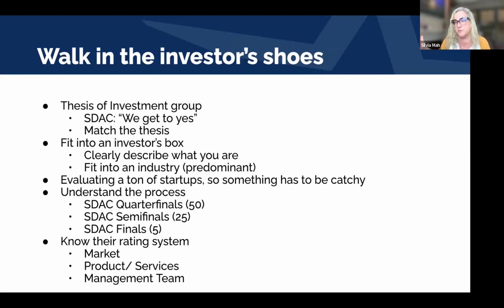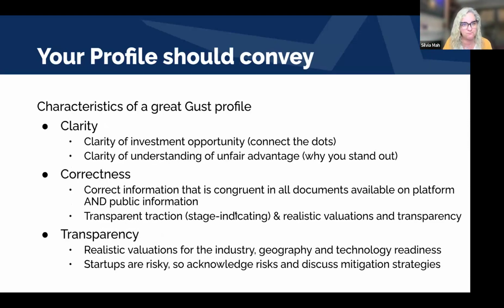Because everybody has evaluated, the collective evaluation means we have standouts that are the 4 stars and 5 stars. So know the rating system for SDAC: market, products and service, and management team. Those are the 3 things we're evaluating companies on at SDAC.